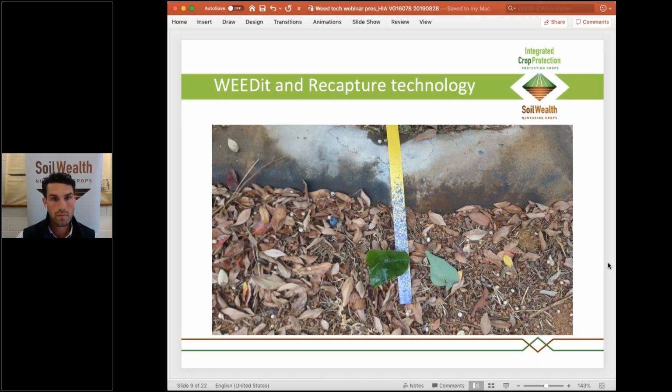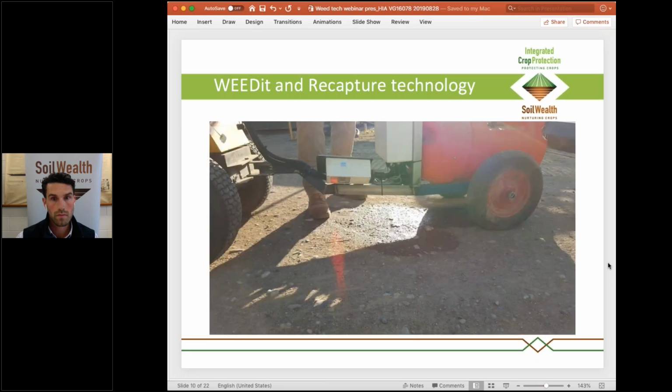That is a 30 litre, 12 volt sprayer with a little boom with a WEEDit on it going out. That little unit there is sitting at about $30,000. A lot of people will look and go, oh, that's an expensive system. But when you can reduce your chemical bill going out, and we can get on top of residual weeds, it's a much better system and quickly paid off.